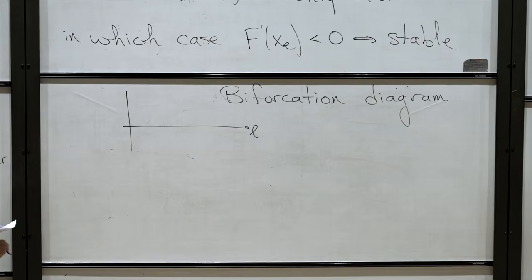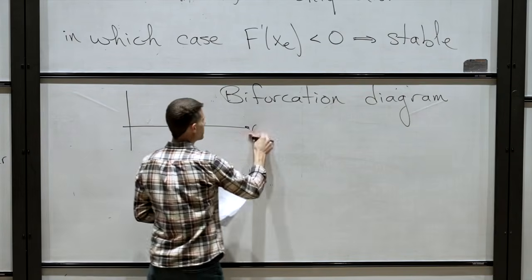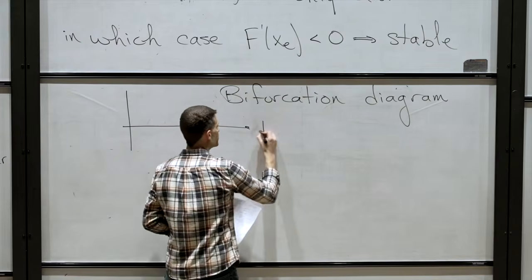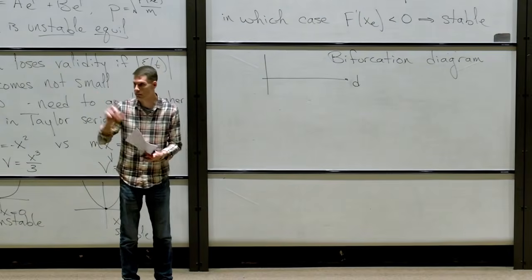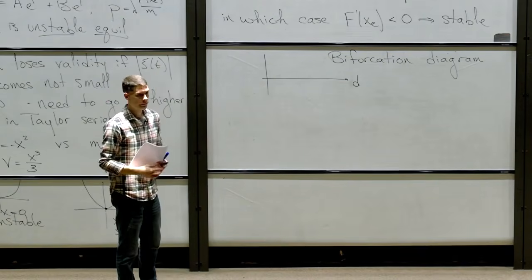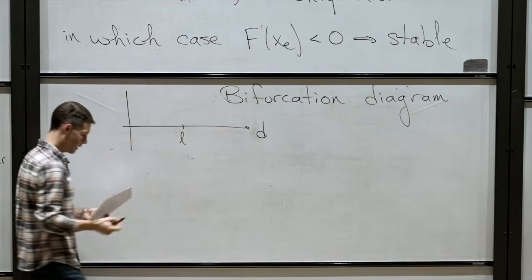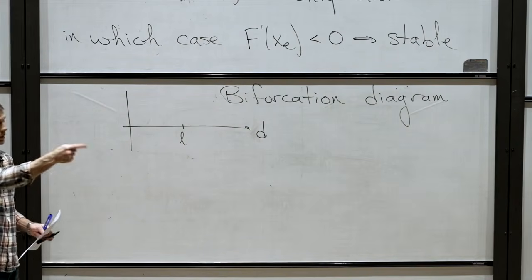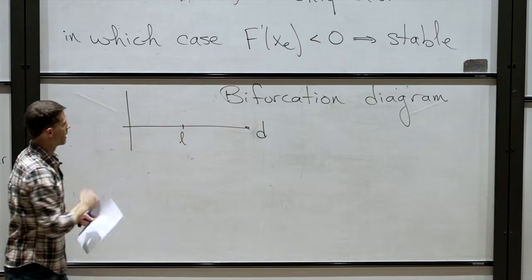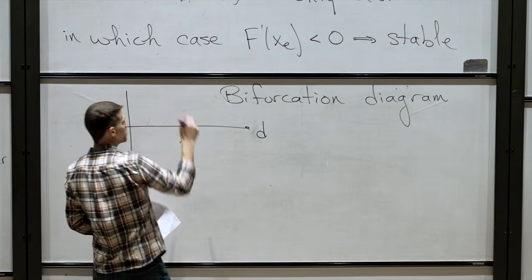Actually I'll do it slightly different. I'll call that D. Same thing. I keep my spring, and I change the distance that the spring is from the wire. Okay? So of course something happens at D equals L. When D is greater than L, I only have one equilibrium.